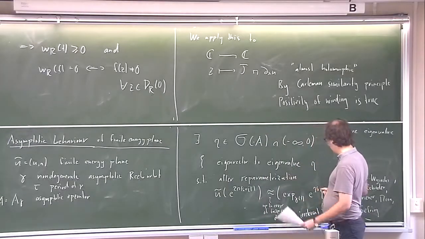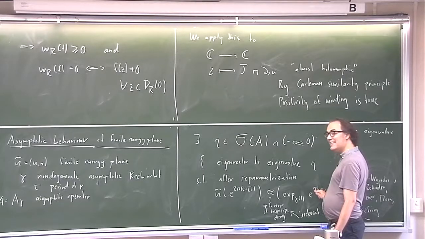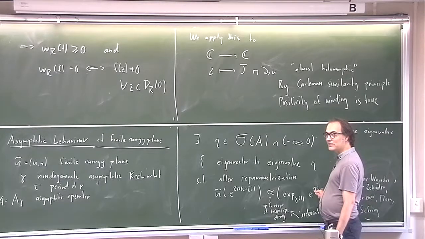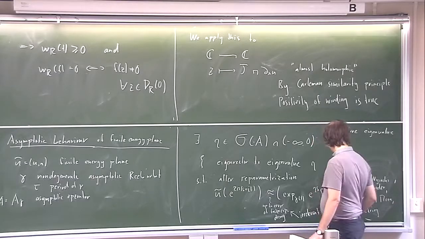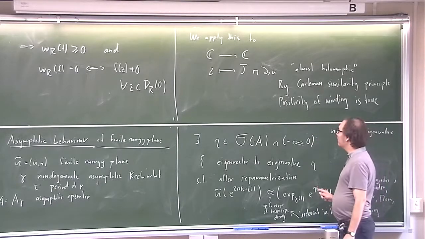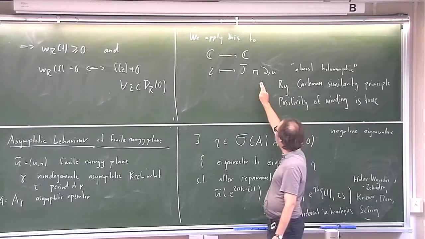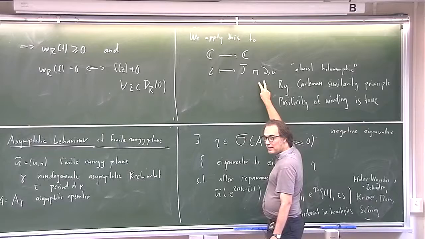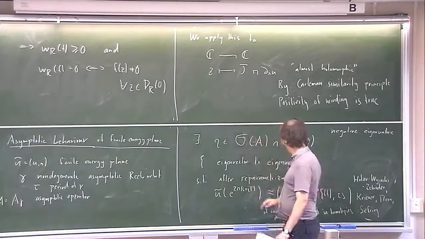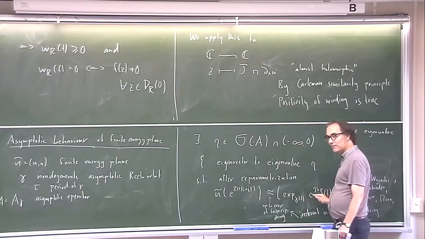We can also compute it because this eta also has a winding number. This is what we did on Monday. We associated to the eigenvalue a winding number, so we can relate the winding number of this for big R with the winding number of eta.